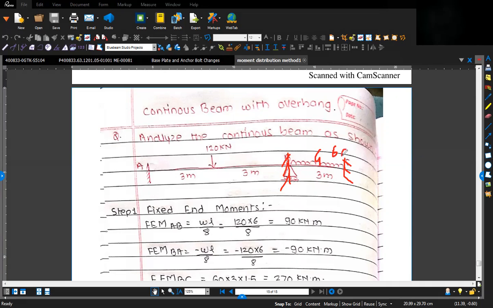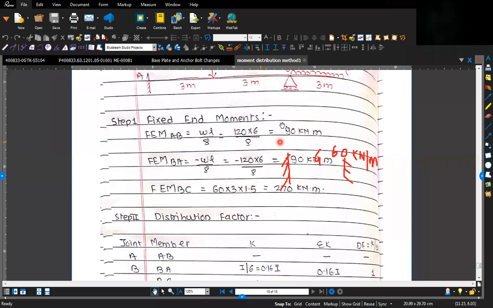I forgot to say earlier, 60 kilonewton per meter is the UDL for the BC span. Again here there is one more big difference in finding the fixed end moments of the BC span.